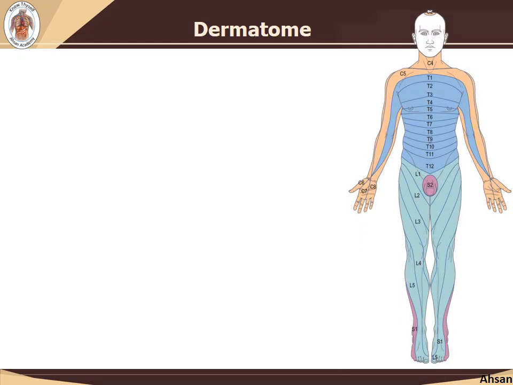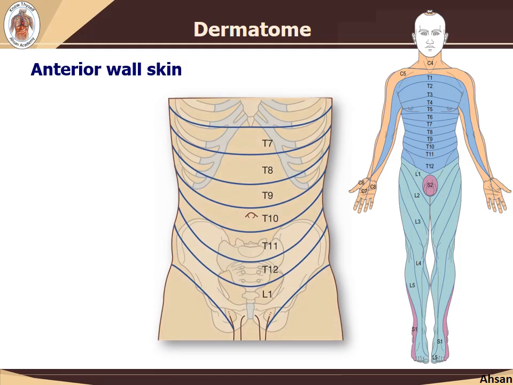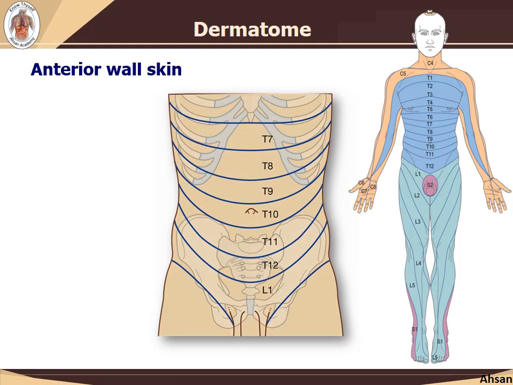Important for the skin is the sensory supply, and the segmental sensory supply is known as a dermatome. If we have a close up, we will find that the 6th thoracic nerve covers the xiphoid process, and the 10th covers the umbilicus. Clinicians mostly use this one: the umbilicus means 10th thoracic.